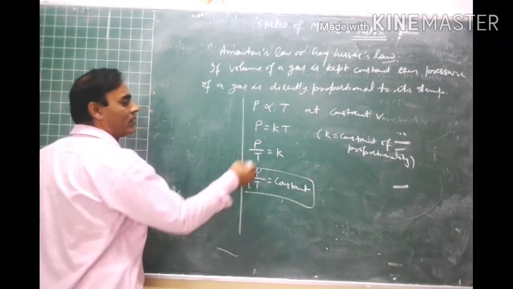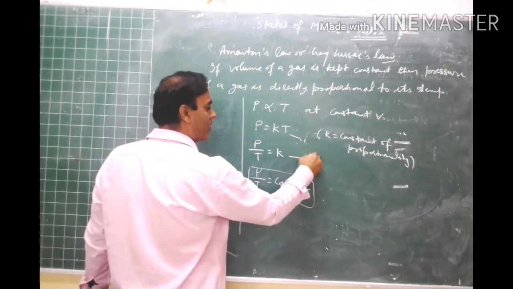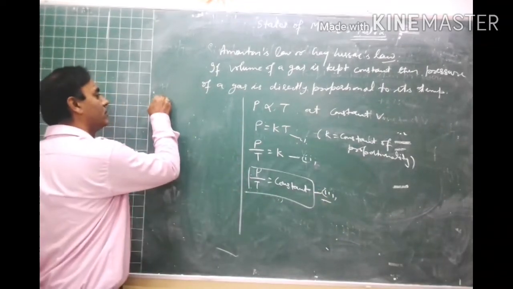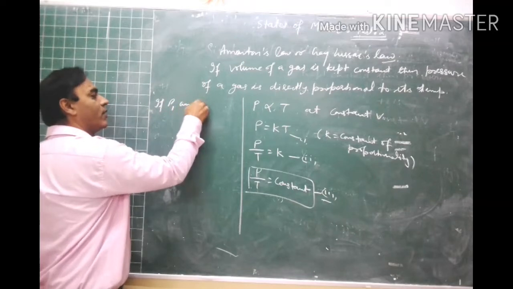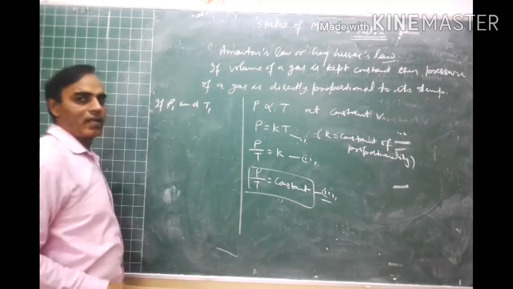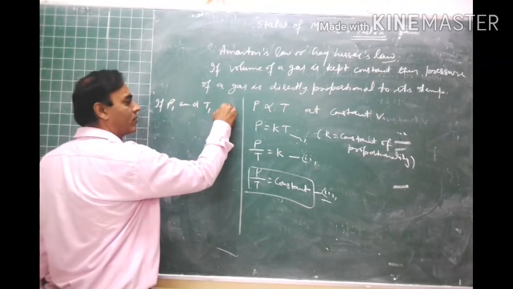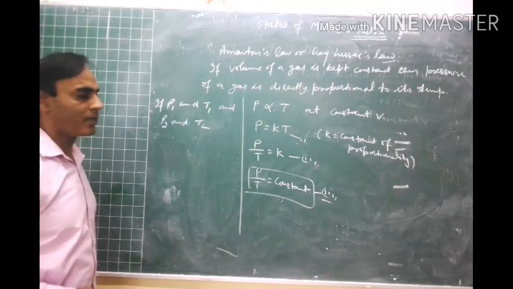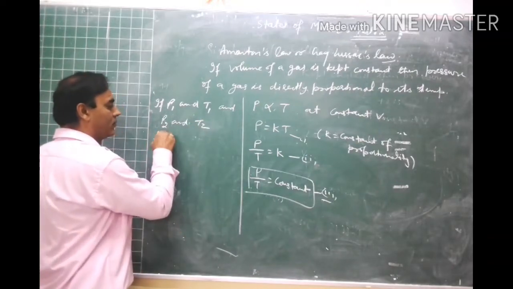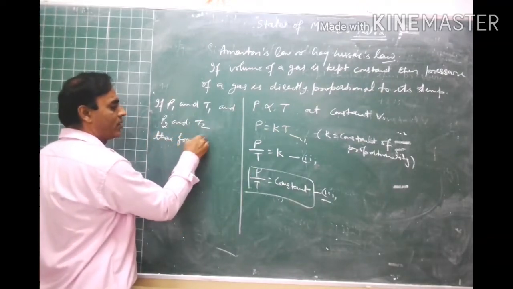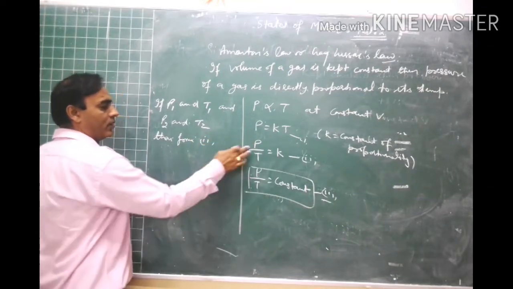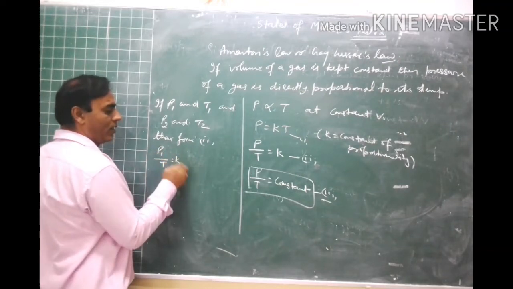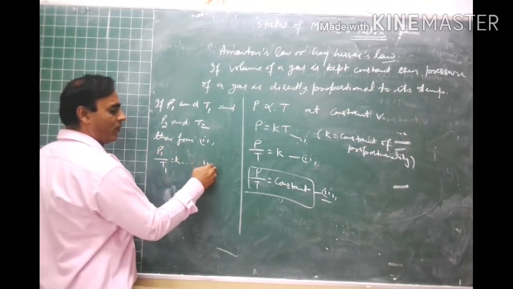Now suppose this is equation number 1, this is equation number 2, and this is equation number 3. If P1 and T1 are the initial pressure and temperature of the gas, and P2 and T2 are the final pressure and temperature of the gas, then from equation number 2, P1 upon T1 is equal to K, suppose this is equation number 4.